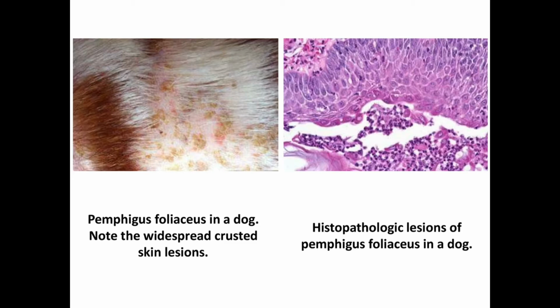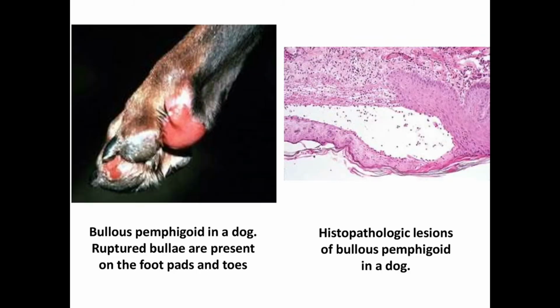You can see the widespread crusted skin lesions, and this is the histopathologic view of the lesions of pemphigus foliaceus in a dog. So pemphigus foliaceus, bullous pemphigus, pemphigus vulgaris, all of these come under type 2 hypersensitivity mediated by complement.